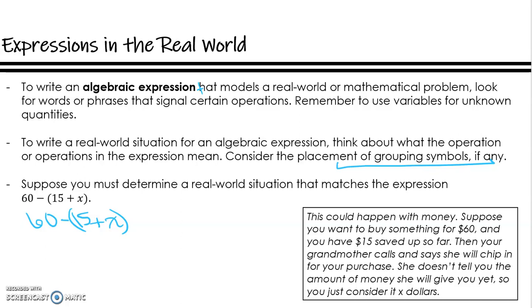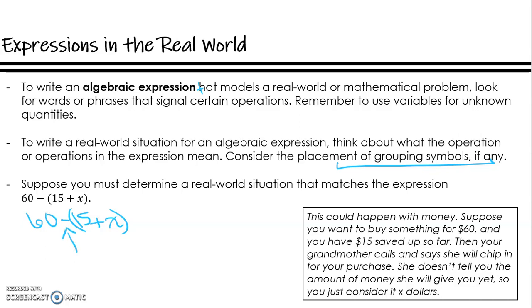This could happen with money. Suppose you want to buy something for $60. You have 15 saved up so far. Then your grandmother calls and says she'll chip in for your purchase. She doesn't tell you the amount of money she will give you yet, so you just consider it X dollars. So you have $60 to spend. You know you're going to spend money.